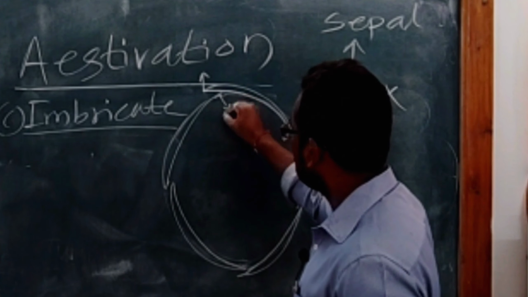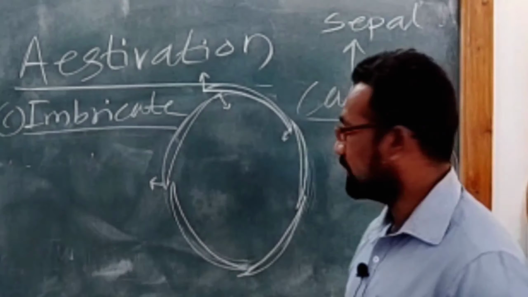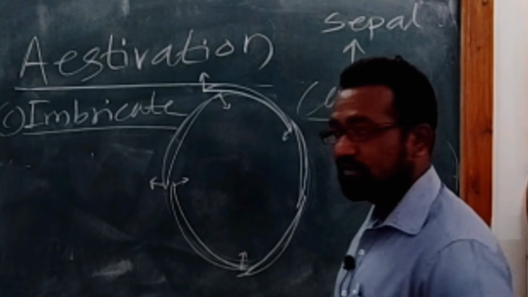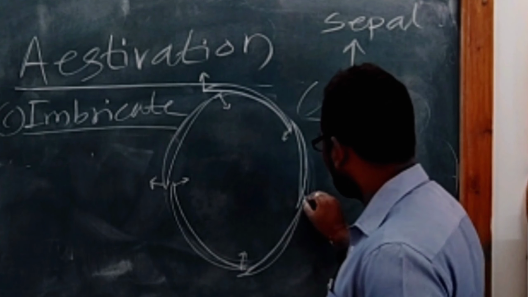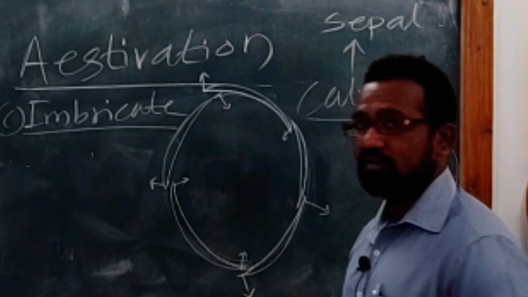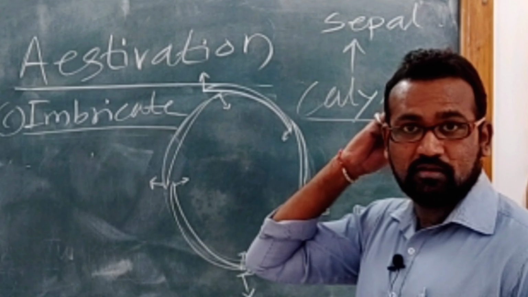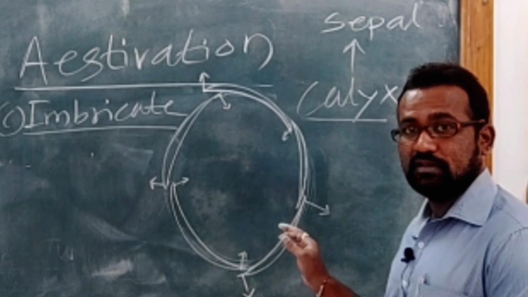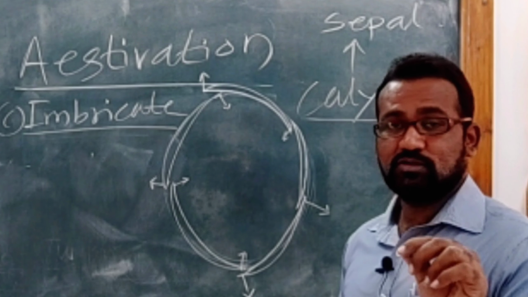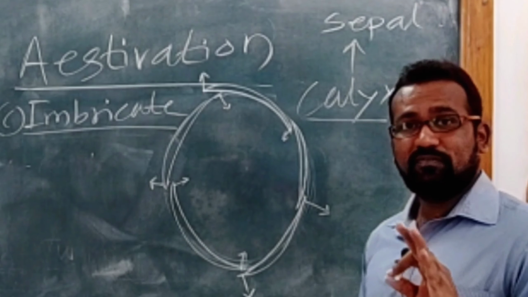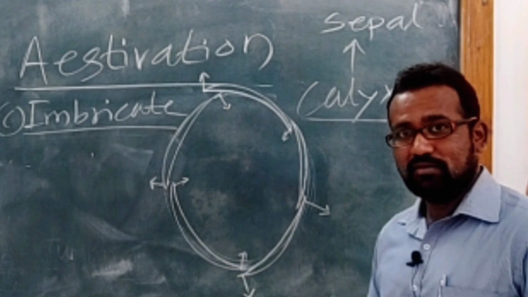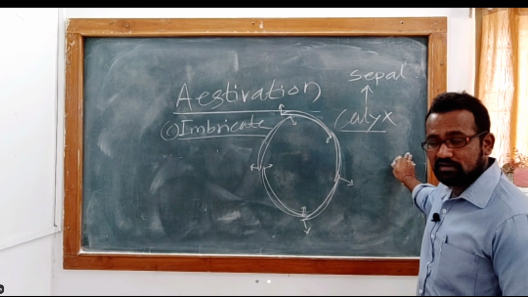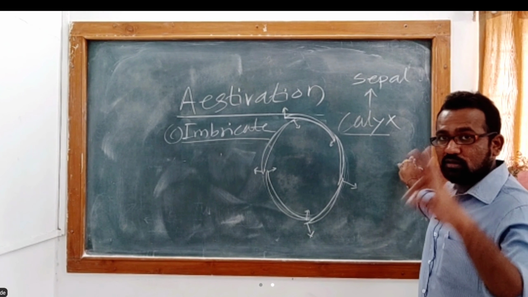Another sepal, same story. This sepal shows one side at the inside and another side again at the inside. And this sepal shows both sides at the outside. So here I have tried to explain aestivation in the imbricate case. It is very essential to understand, and you will find it difficult to draw on your own because it requires practice. We have talked about sepals in calyx, but the story is the same for petals in corolla.